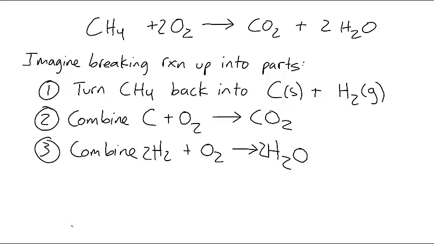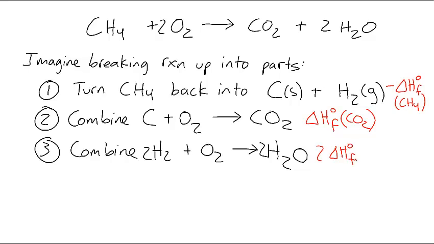Right? So this is going to be negative delta H of formation of CH4. The second step is going to be heat of formation of CO2. And the third step is going to be 2 times the heat of formation of H2O.